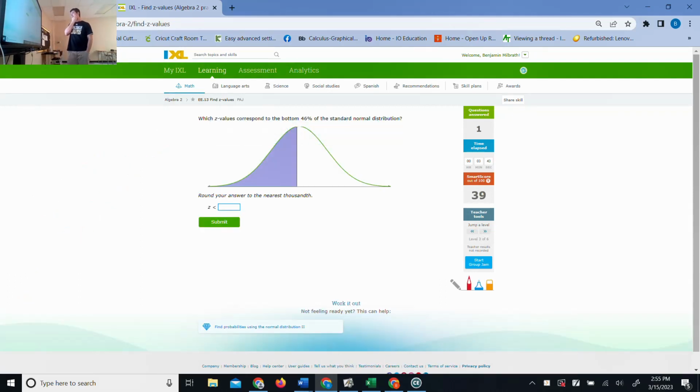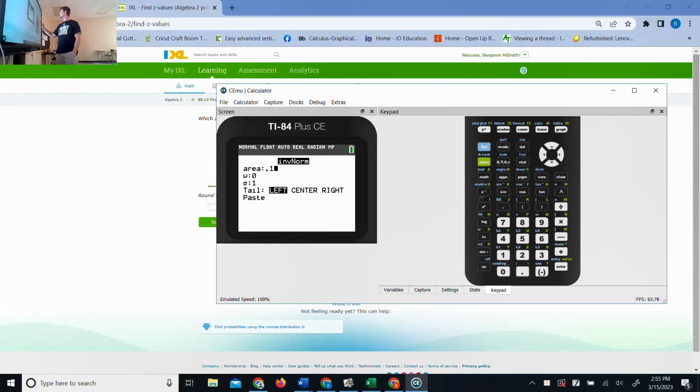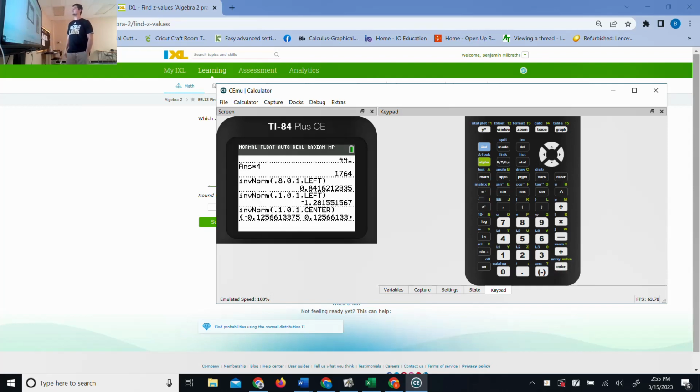So let's jump up a level here. It's got 6 levels. The bottom 46%, that's the same thing we just did. The middle 10, that's not too bad. Go to second, vars, inverse norm, area being 0.1, and we're doing a center tail. There's your two numbers. Now on an older TI-84, with an older faceplate, it was kind of funny how you had to do it.